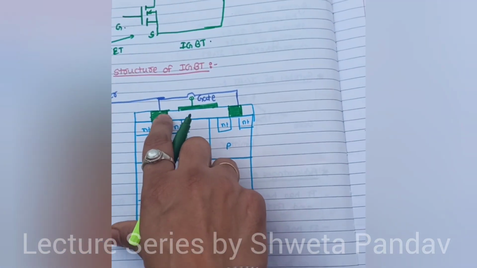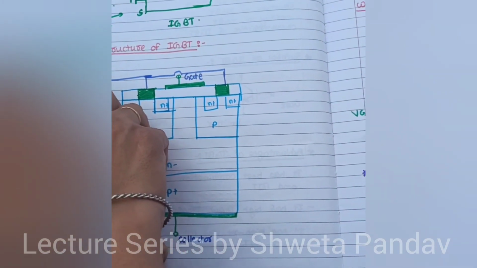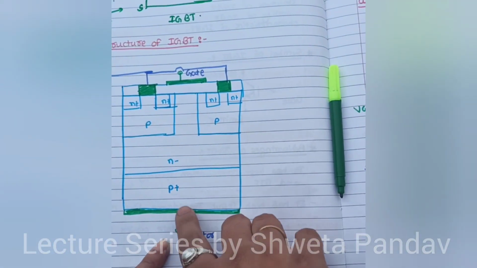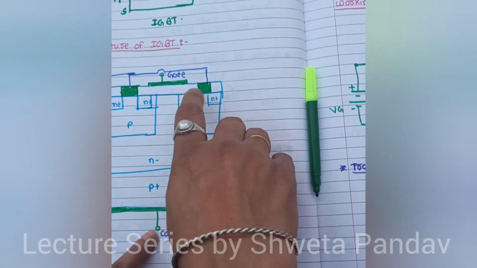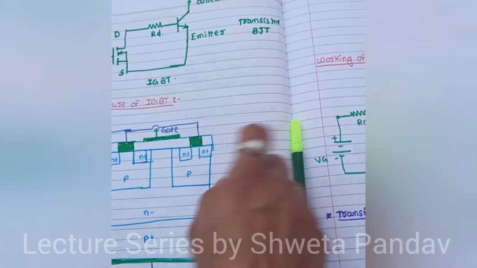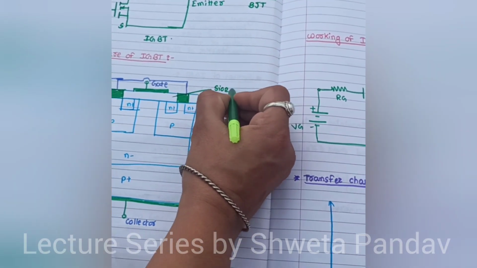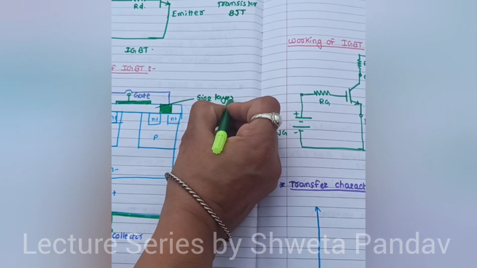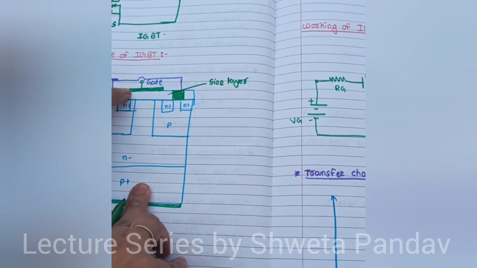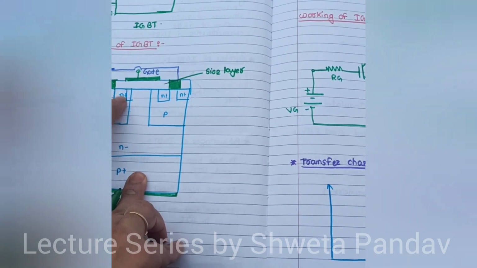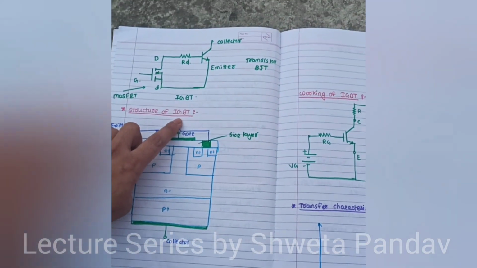The metallic contacts from these two points are taken out, and this terminal is known as the emitter. Then the P plus region is connected to the collector, and here the gate is connected. This layer is the SiO2 layer, which forms the capacitance between the gate and the internal structure. As the gate is separated from the internal structure, it is called an insulated gate bipolar transistor.